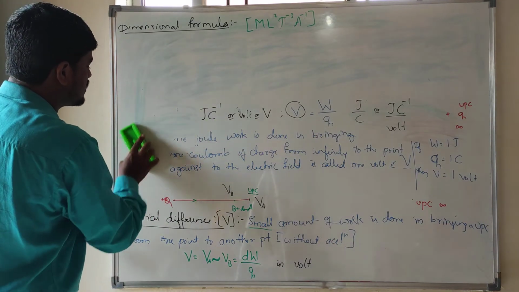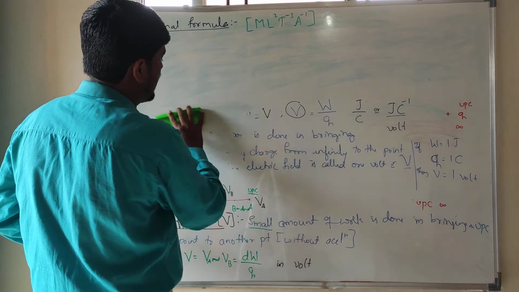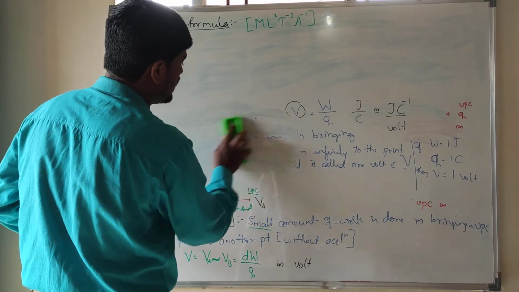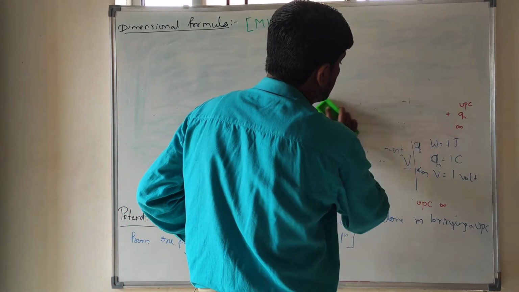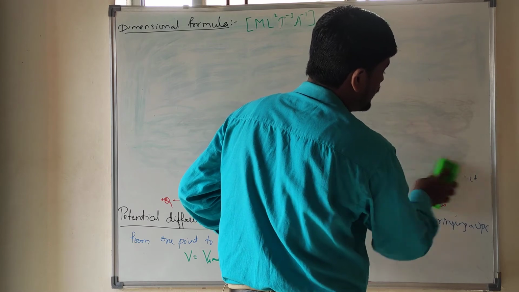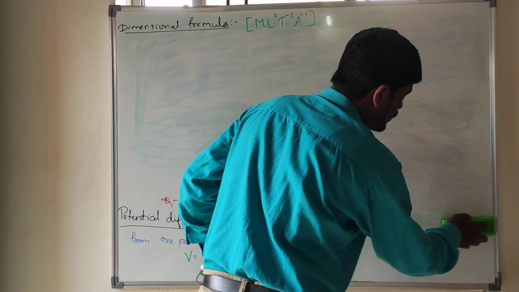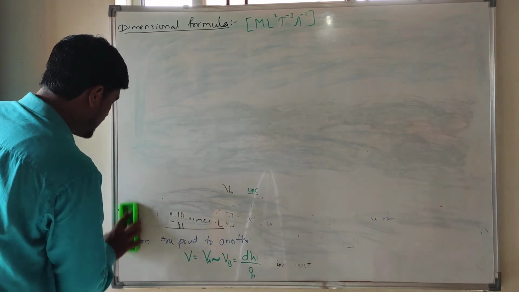Now let us go to the very, very important derivation of this chapter, that is, calculating the potential at a point due to a point charge. Very, very important for 3 marks.